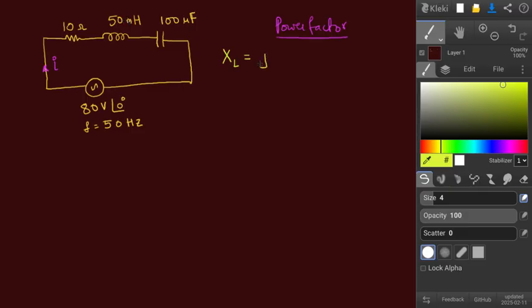So it is j omega L. You might have already studied this in various other subjects. Omega is nothing but 2 pi f, and j is the imaginary component. So 2 into pi into 50, because frequency is 50, and L is 50 millihenries.